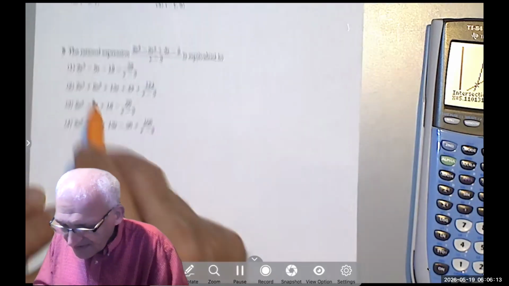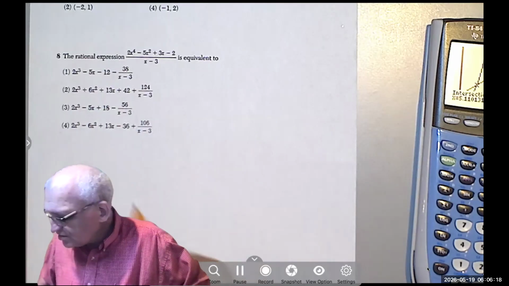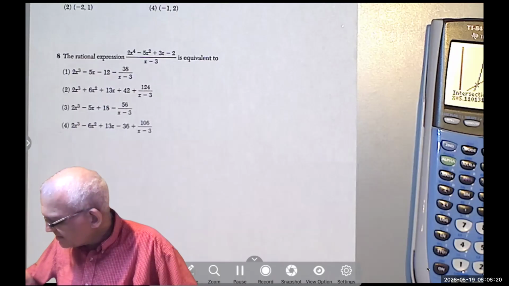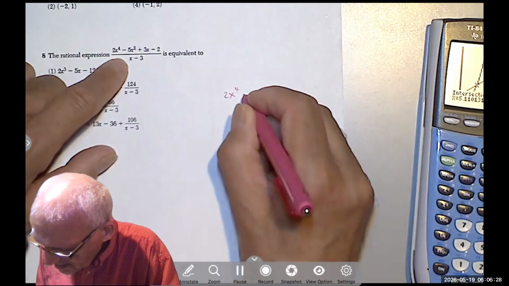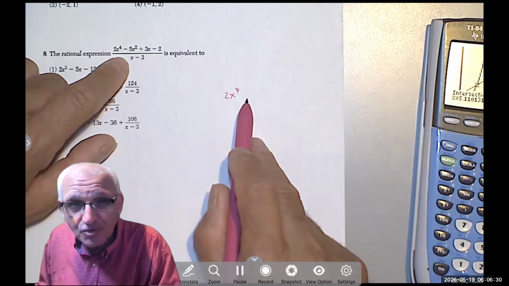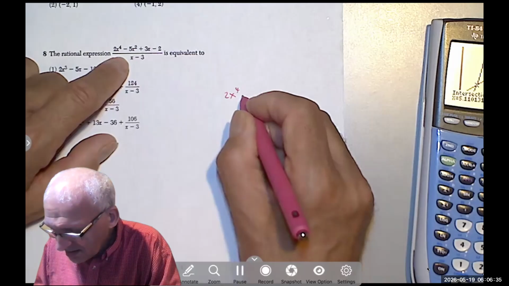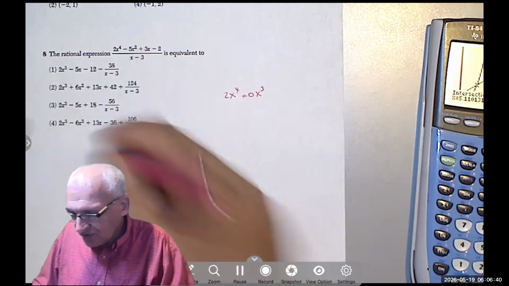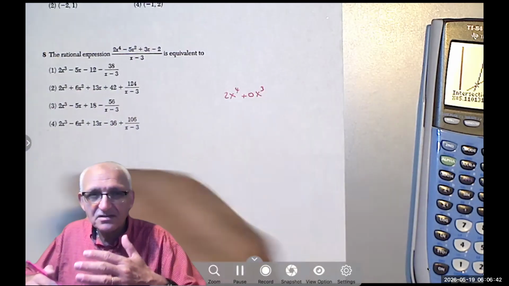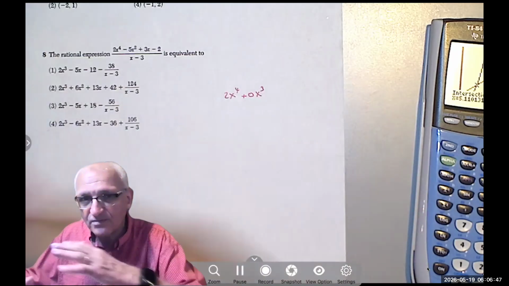Number 7, it says the rational expression is equivalent to what? Since we did synthetic division there, I will do long division here. Here I don't have x cubed, so it's always better to say plus 0x cubed. The reason is when you do the subtraction, sometimes if you don't get it right, you would subtract the coefficient of x cubed from x squared.